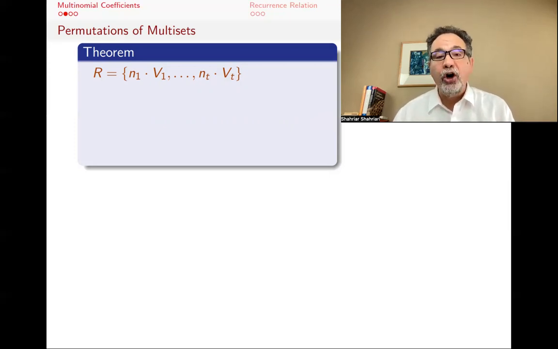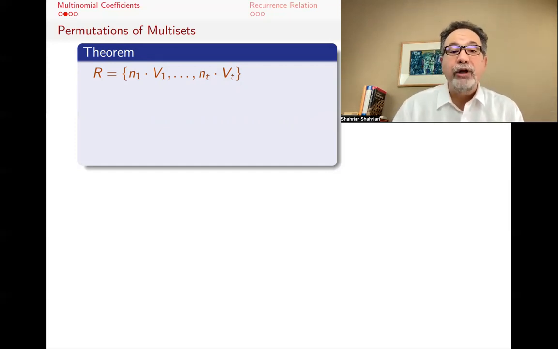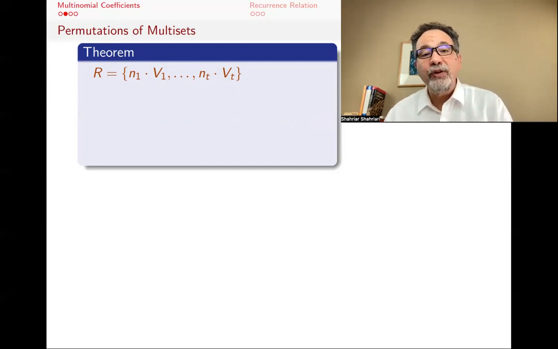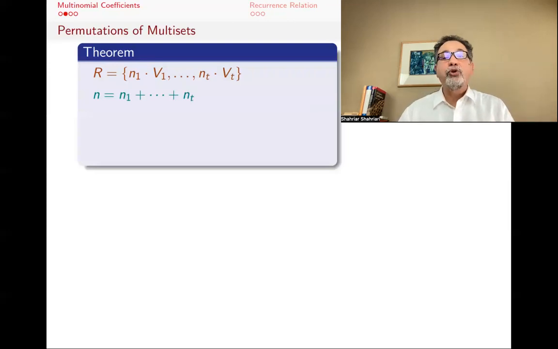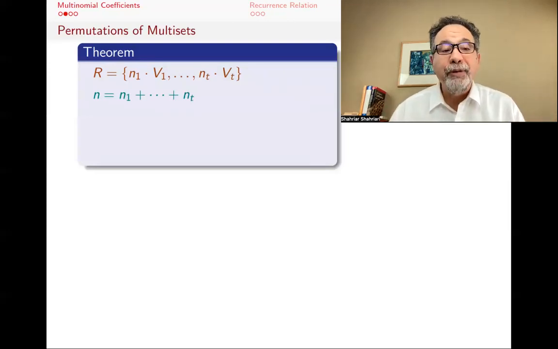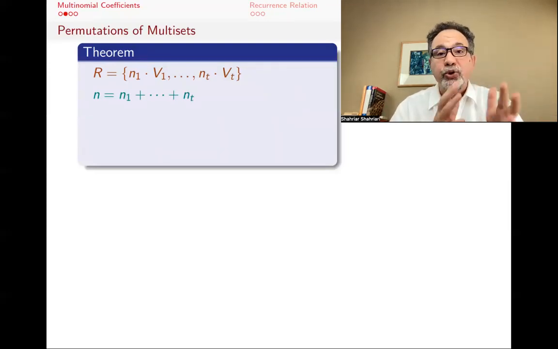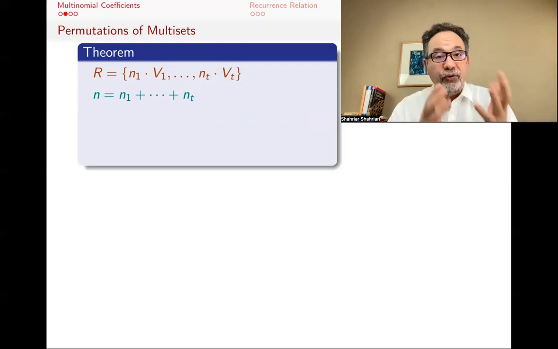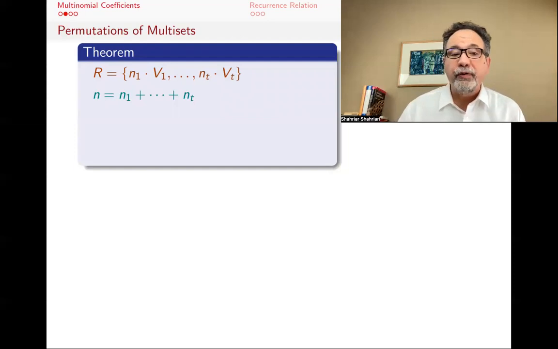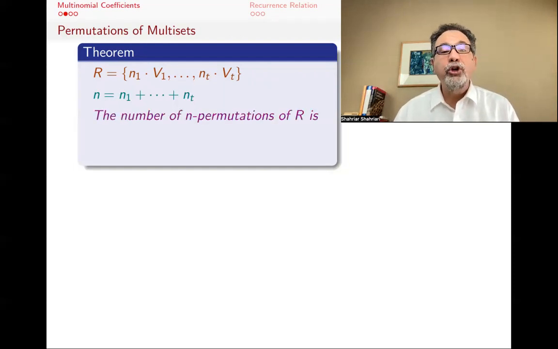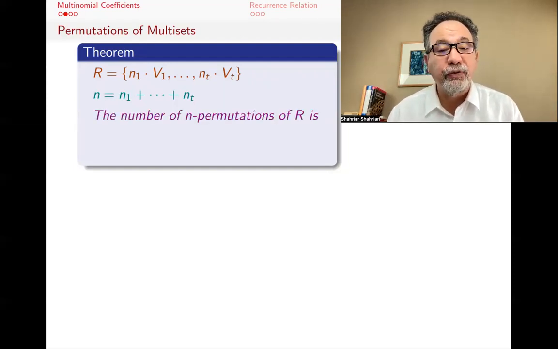So we have this multiset R, and in it we have t types of elements, v1, v2 through vt, but we have n1 v1s, n2 v2s, n3 v3s, and all the way till nt vts. And n is the sum of them, so n is the total number of things we have. But again, n1 of them are identical to each other. We can't tell them apart. They're v1s, and n2 of them are v2s, and we can't tell those apart, but we can tell them apart from v1s. And we want to know the number of n-permutations of R.